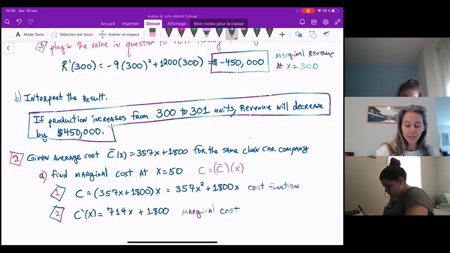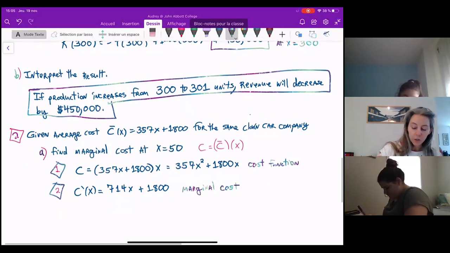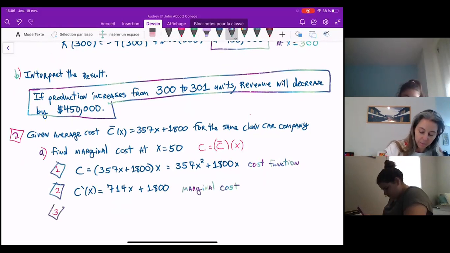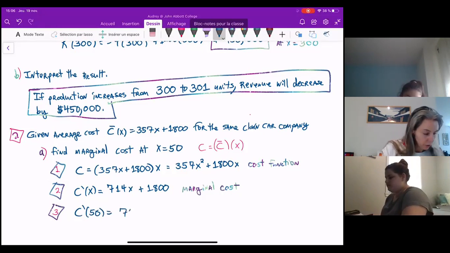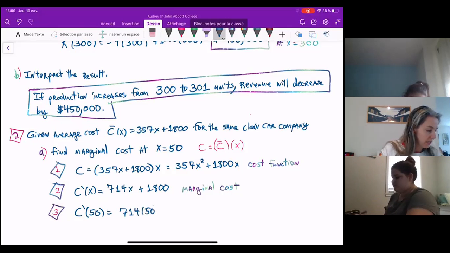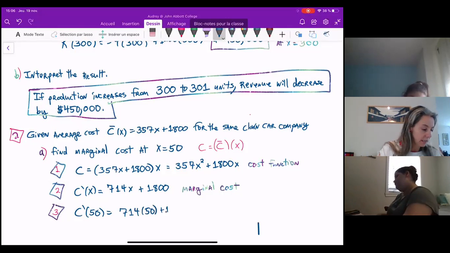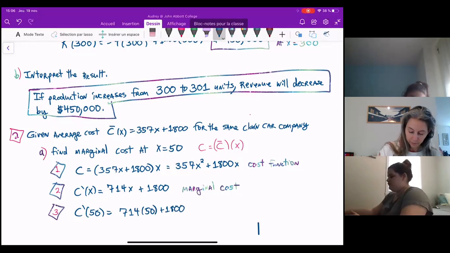And then I'm asked to find this at 50. So now that I have marginal cost, I can plug in the 50. So I'm looking at C prime of 50 to get 714 times 50 plus 1800 is equal to 37,500, which is money.